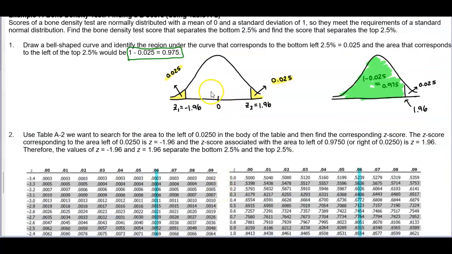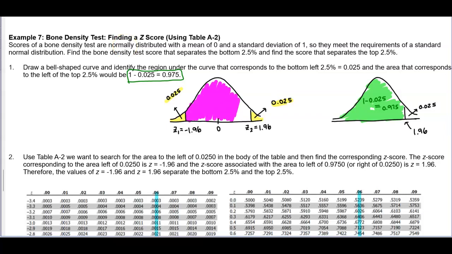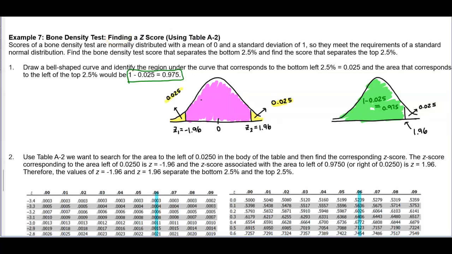Well, in the middle here, we're looking at the area that covers the middle. So let's go ahead and shade that area in the middle. Remember that the area under the curve is 1. So in order to find this area, we're going to subtract 0.025 and then another 0.025.